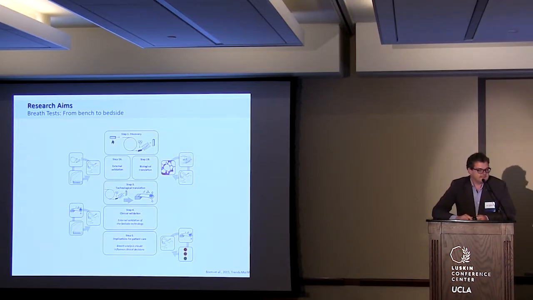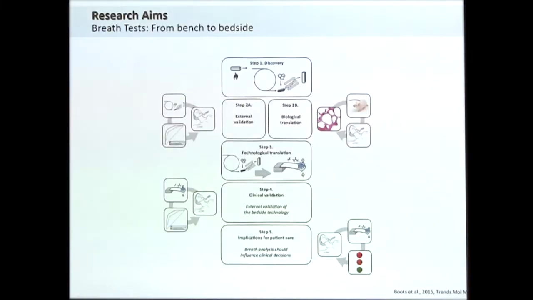Before doing that, we have to look at what we need to do to go from nothing to a potential biomarker in the clinic. First, you have to discover which biomarkers are the most important ones. We need to validate our results. We need to make sure that what we see is related to the pathology we want to investigate, so we need a biological translation by looking, for instance, at in vitro models.